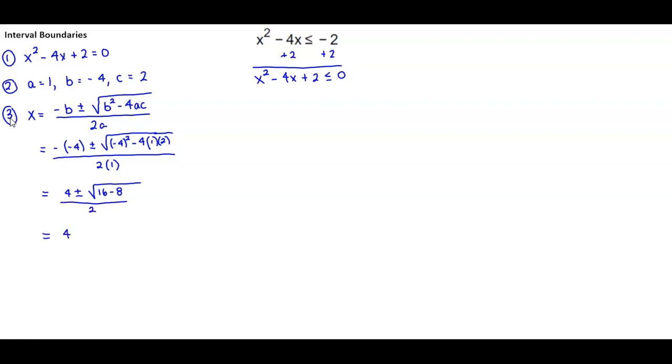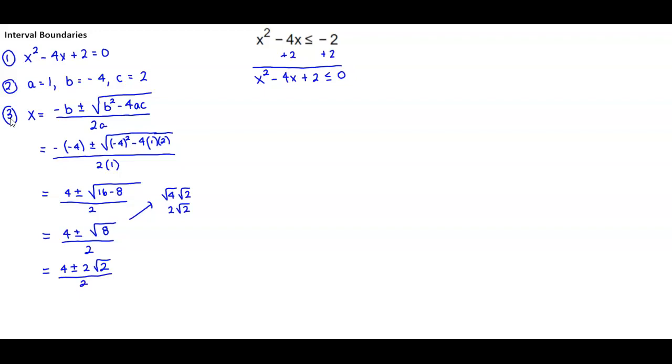So we end up with 4 plus or minus the square root of 16 minus 8, which is 8 over 2. Now keep in mind we need to simplify that square root of 8, which is the square root of 4 times the square root of 2, which gives us 2 times the square root of 2. So we get 4 plus or minus 2 times the square root of 2 over 2.